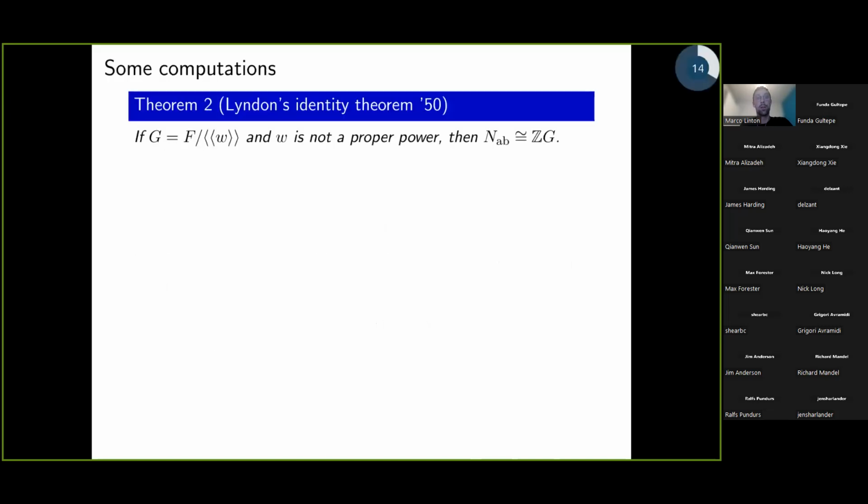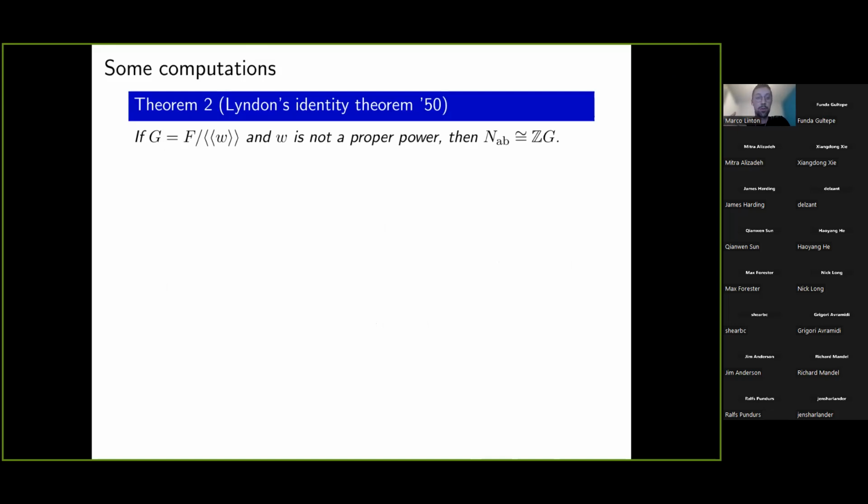So one of the first examples that I know of is this theorem of Lyndon. It's called Lyndon's identity theorem, and it goes back to 1950. So Lyndon proved that if you have a free group and you take a single element in the free group and you quotient by its normal closure, this gives you a one-relator group.